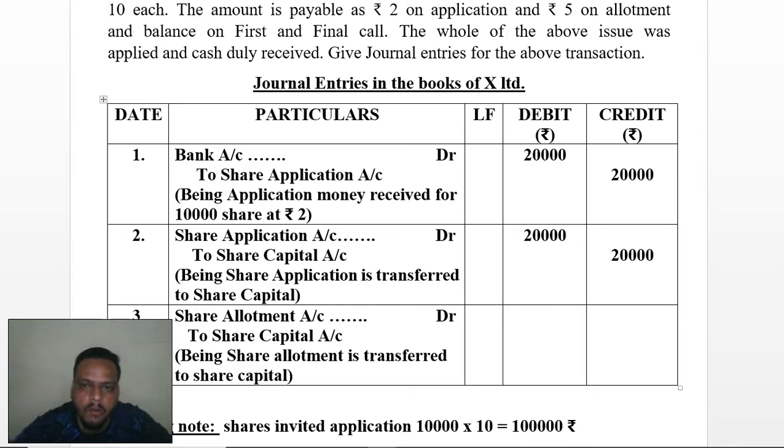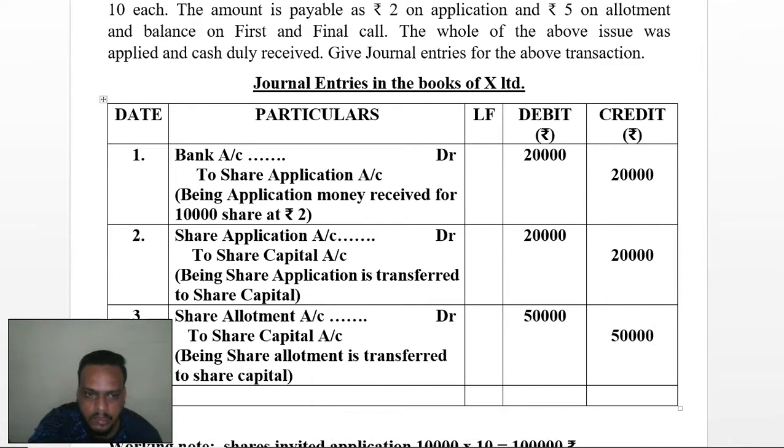But what about the amount? The amount will be 50,000 rupees, as considered, and it has to be mentioned over here. Now after doing this allotment, the next part is receiving.